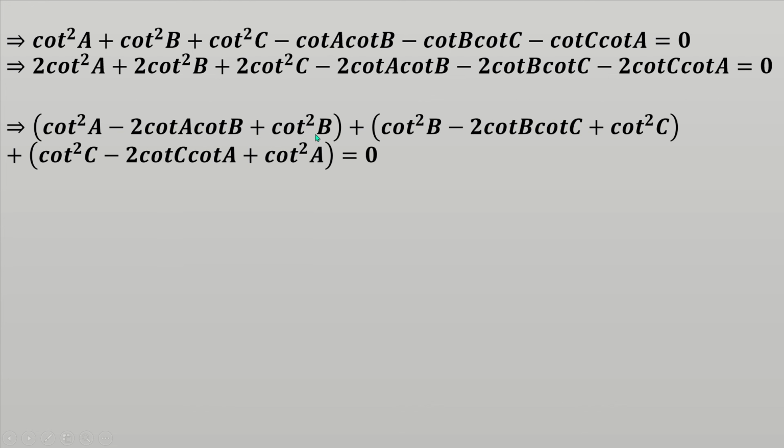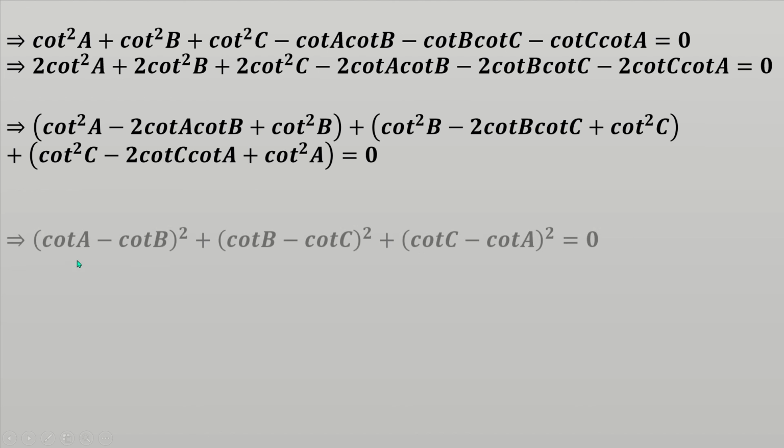One cot square b is used here, and another cot square b is used here. Like this, we can write cot square b minus 2 cot b cot c plus cot square c, plus cot square c minus 2 cot c cot a plus cot square a, equal to 0. But this makes a formula: (cot a minus cot b) whole square, here (cot b minus cot c) whole square, here (cot c minus cot a) whole square.